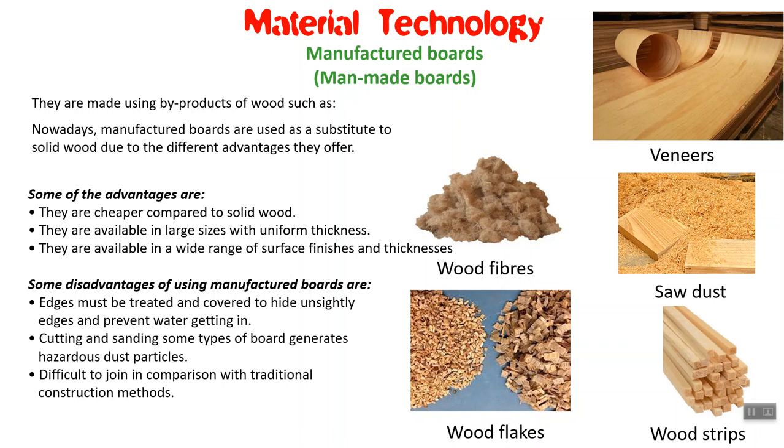It is difficult to join manufactured boards in comparison with traditional wood methods. Thin sheets do not stay flat, they bow. That means that they change shape under heat or humidity unless they are supported.